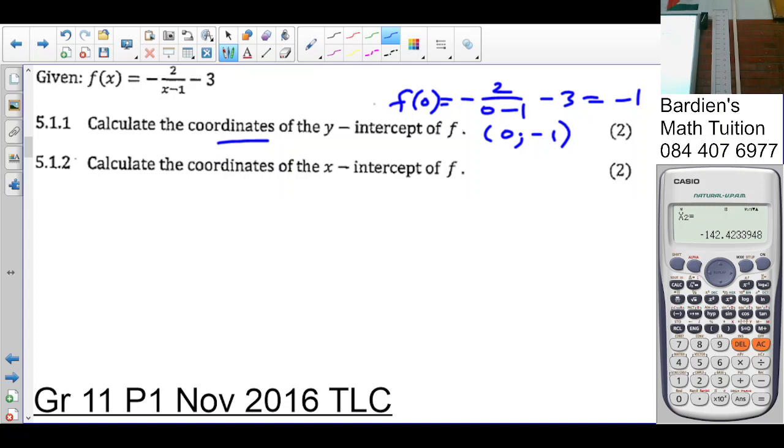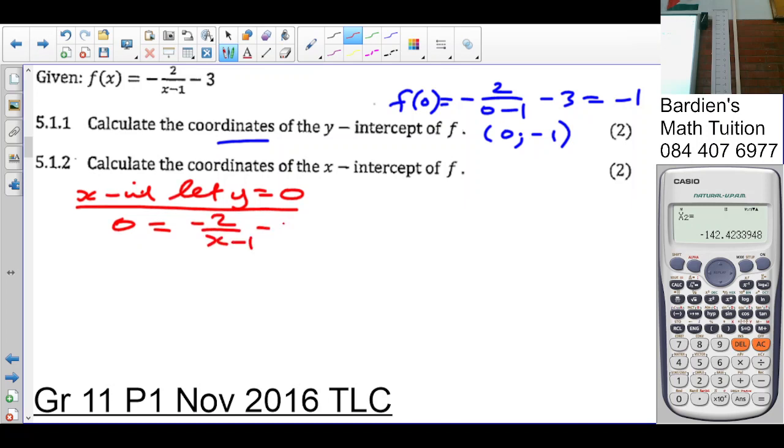The next one says calculate the coordinates of the x-intercept. What do you do for x-intercept? We say x-intercept, let y equal to 0. So you've got 0 is equal to negative 2 over x minus 1, minus 3. Take it over the equal sign. So it's 2 over x minus 1 equals minus 3.